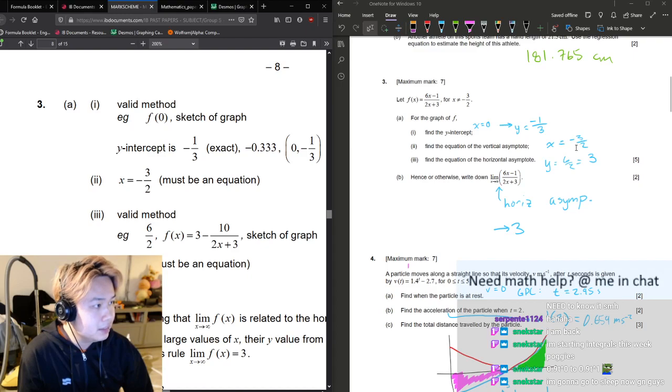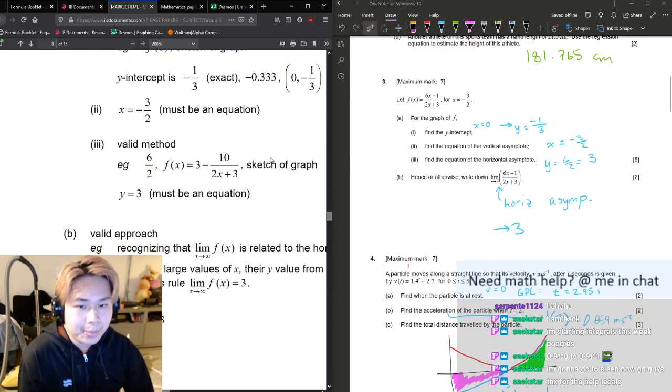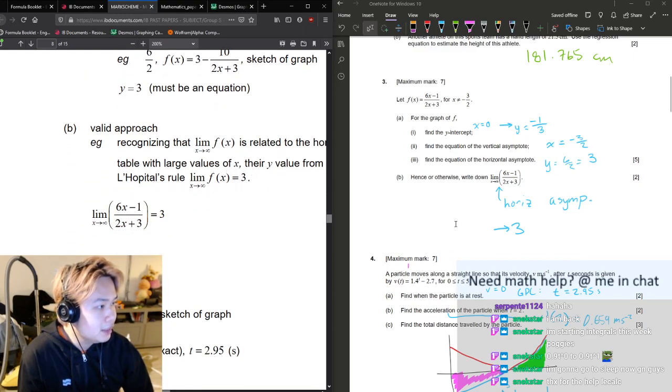Equation of vertical asymptote, negative 3/2, negative 3/2. Did I even help you today? Sure, you're welcome. Let's see. Y equals 3, y equals 3. The limit is 3, the limit is 3.